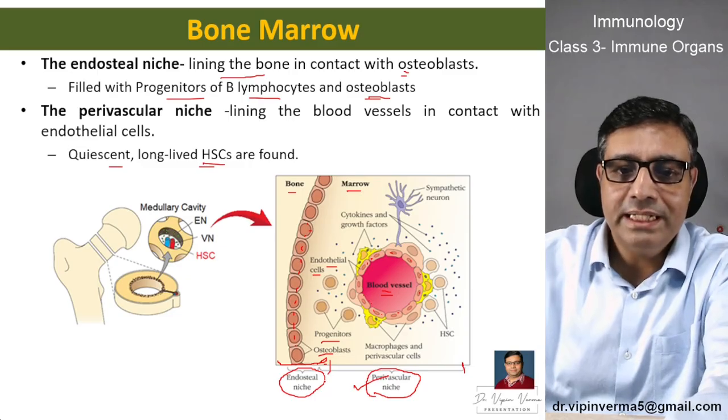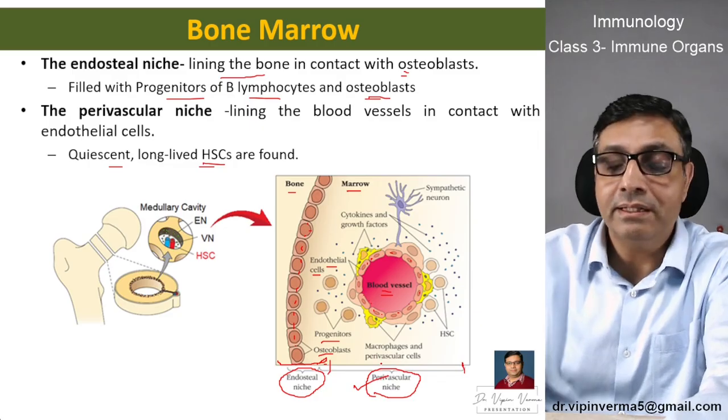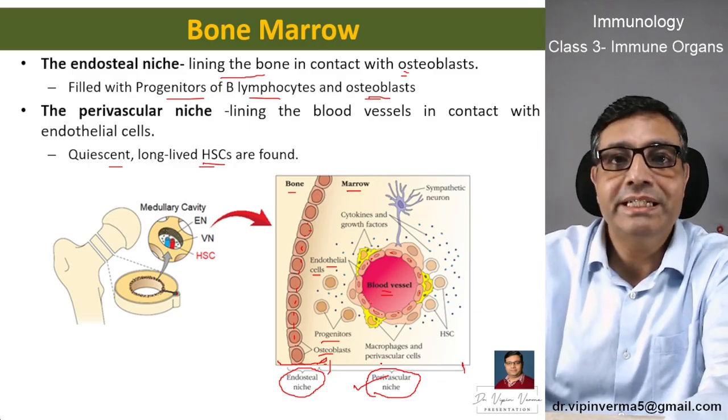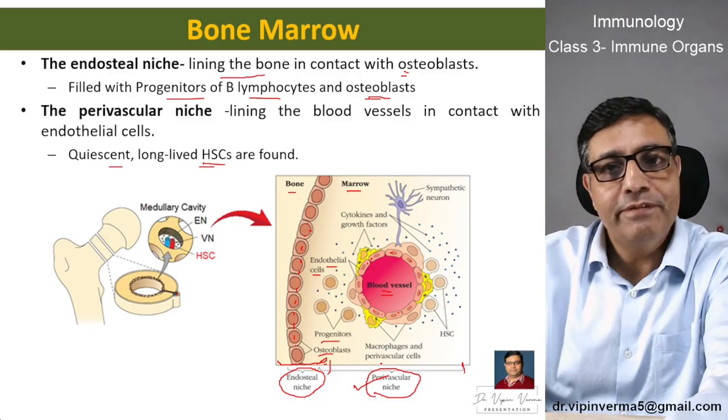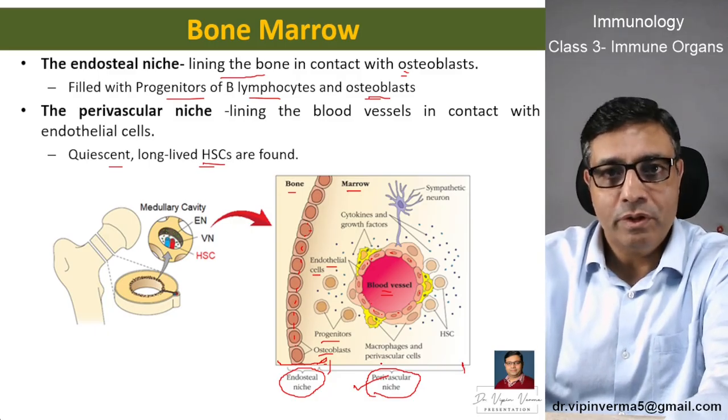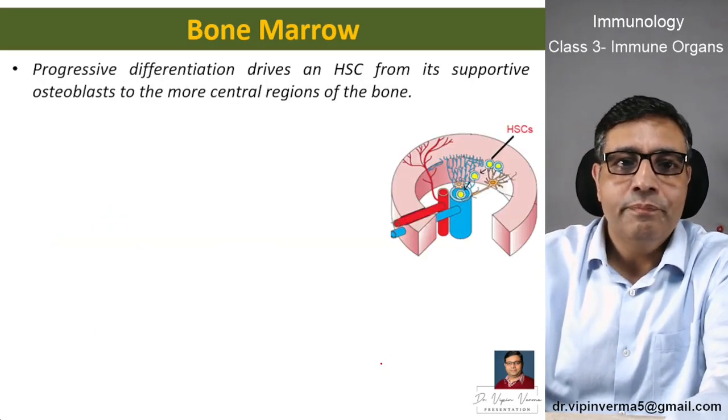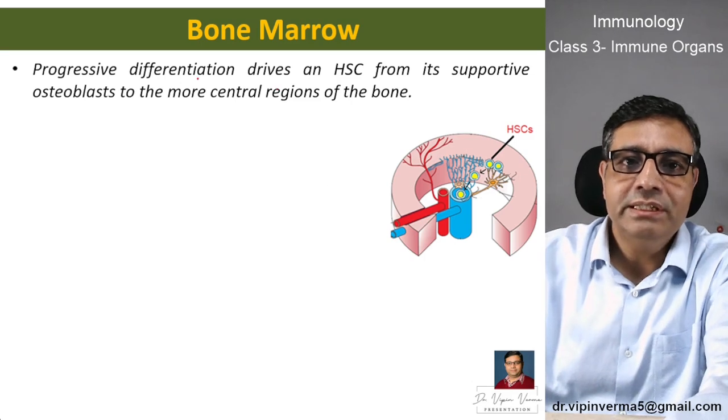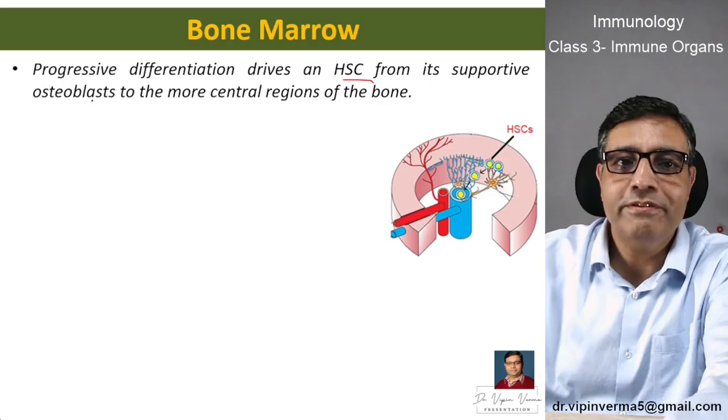So the endosteal niche and the perivascular niche are the differentiated microenvironments within the bone marrow.